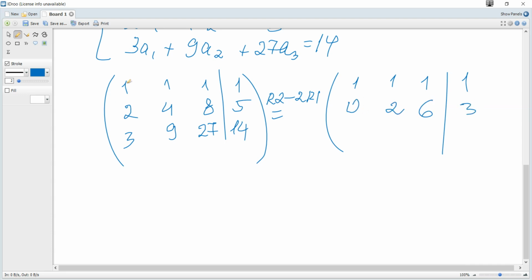It's just 2 minus 2 multiplied by 1 is 0, 4 minus 2 multiplied by 1 is 2, 8 minus 2 multiplied by 1 is 6, and 5 minus 2 multiplied by 1 is 3.